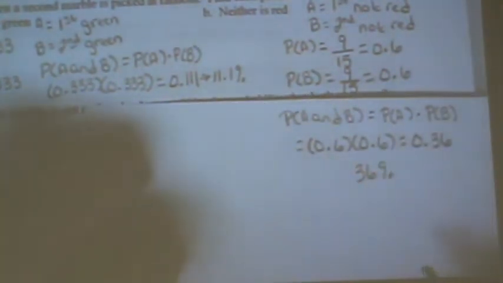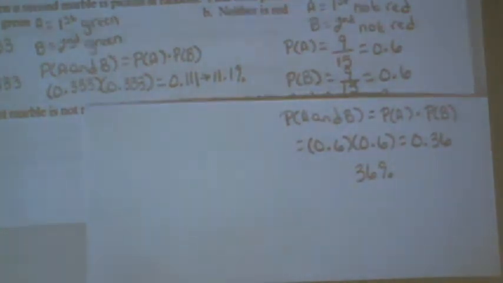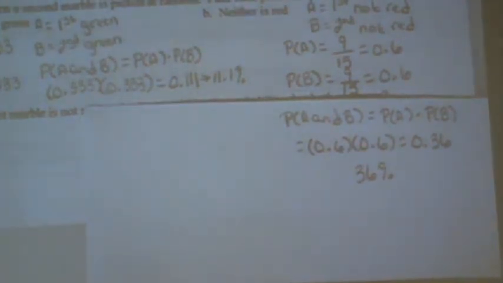And when you multiply that out, you get 0.36. And 0.36 is 36%. So there's a 36% chance of not picking a red marble and then not picking a red marble again.